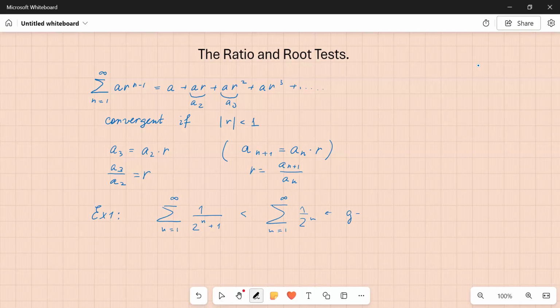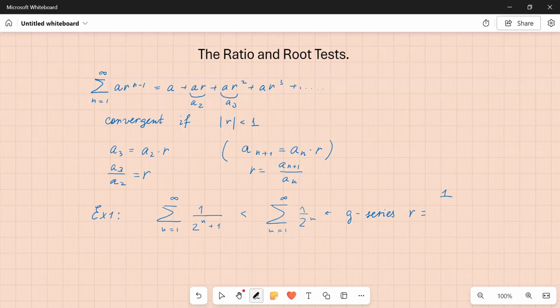This one is a geometric series, and the ratio of this series, oh, it's kind of slow. And r here is going to be what? I'm going to calculate it using the formula I just developed.